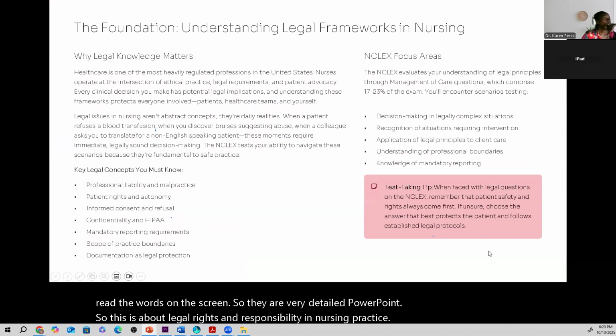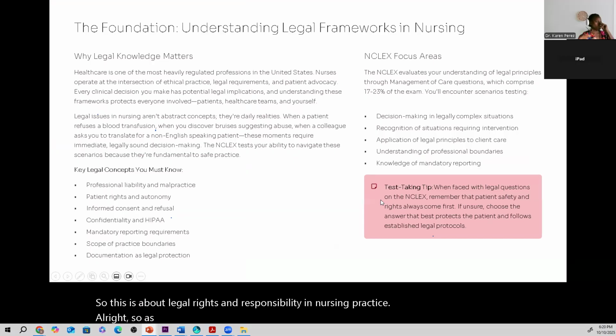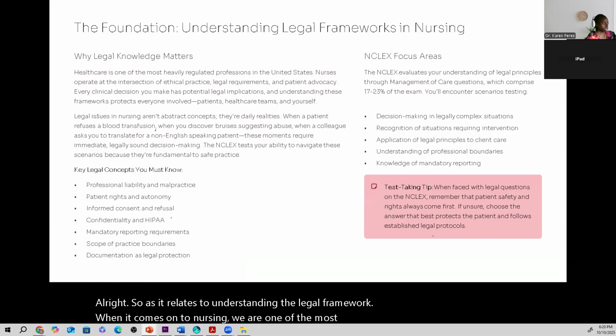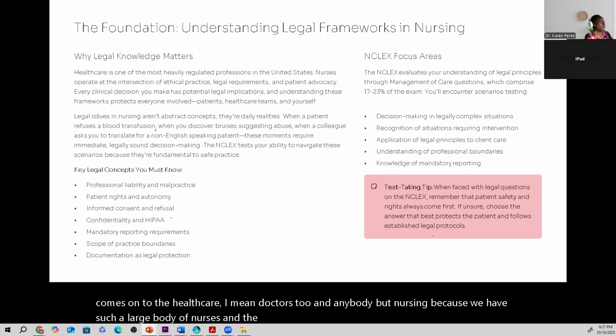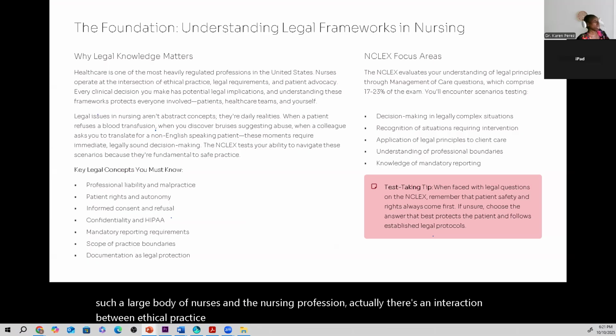All right. So as it relates to understanding the legal framework, nursing is one of the most heavily regulated professions in healthcare. I mean, doctors too, and anybody, but nursing, because we have such a large body of nurses. In the nursing profession, there's an interaction between ethical practice, legal requirement, and also patient advocacy.